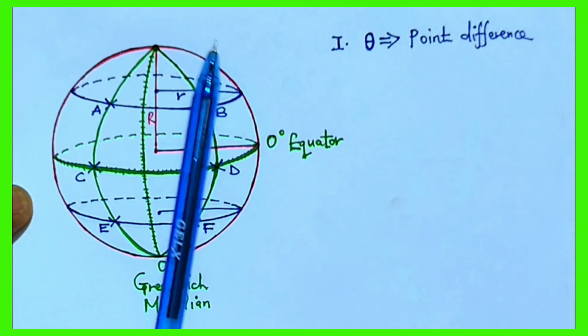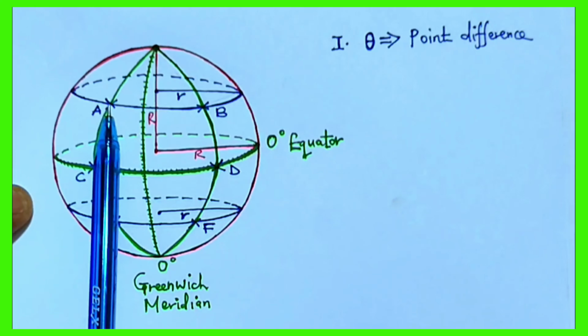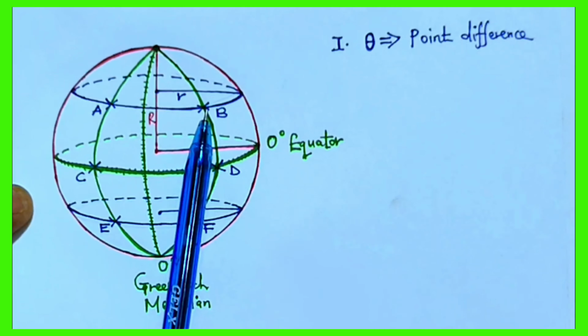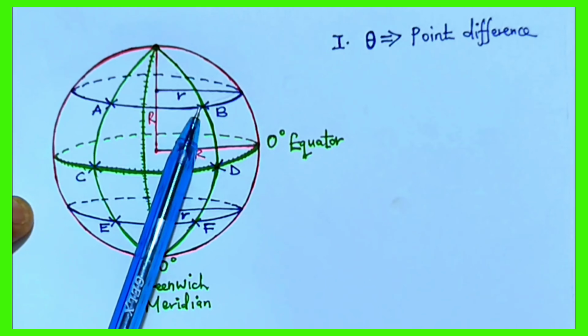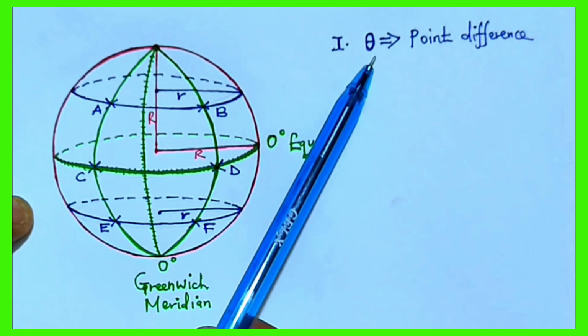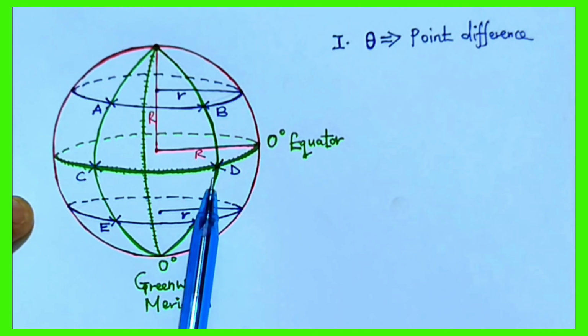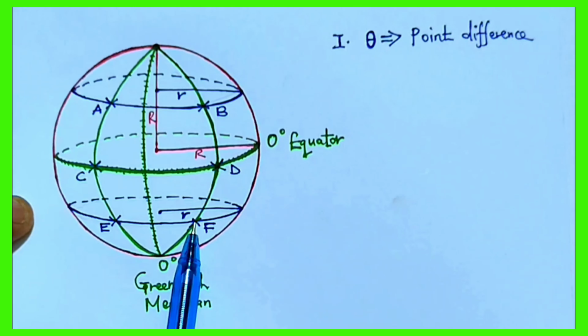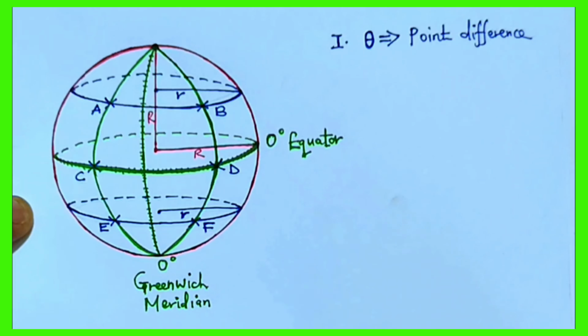For instance, in my diagram, I've captured a few points. So let's say the difference in degrees between point A and point B will be theta. And also you can even consider point B and D, that will be theta. Point B to point F, the difference in degrees, it will also be theta. Point E to point F, it will be theta, and such like.